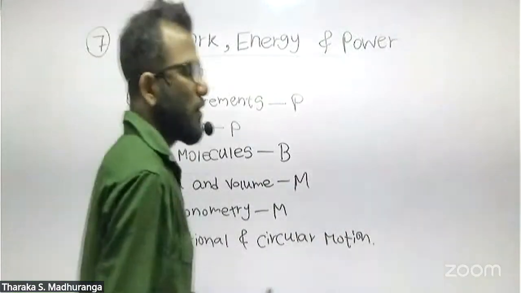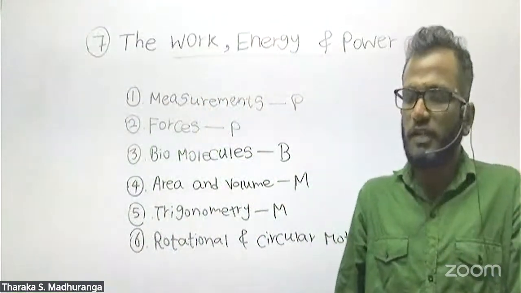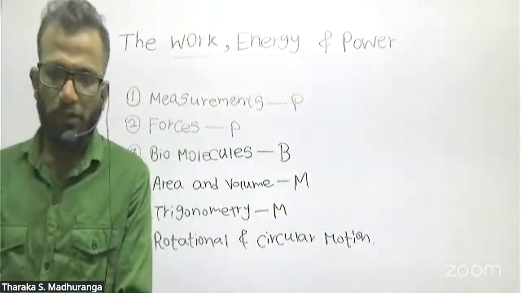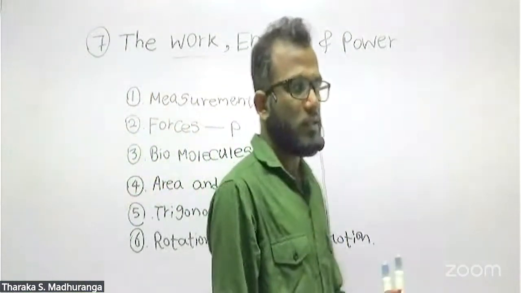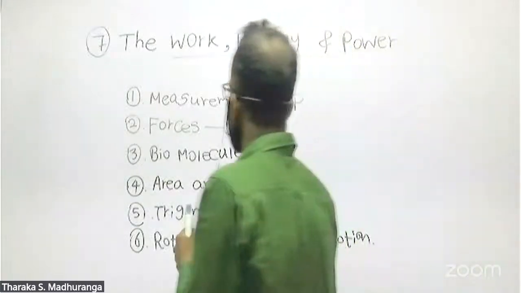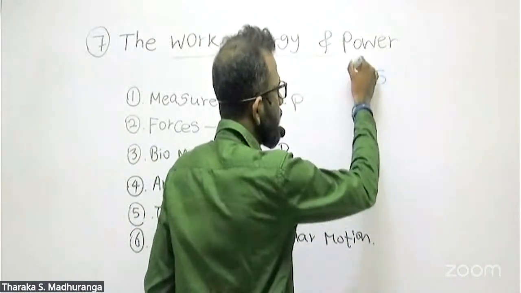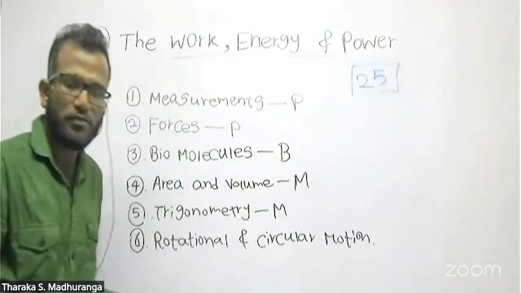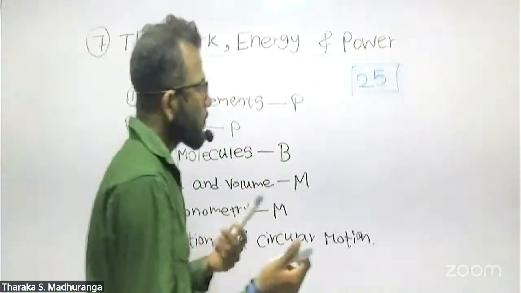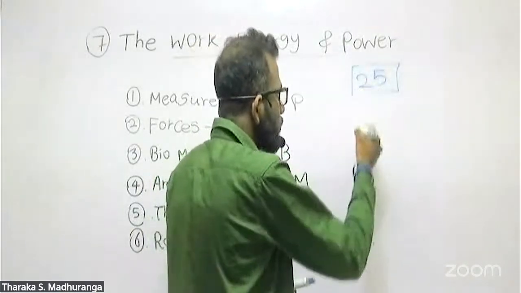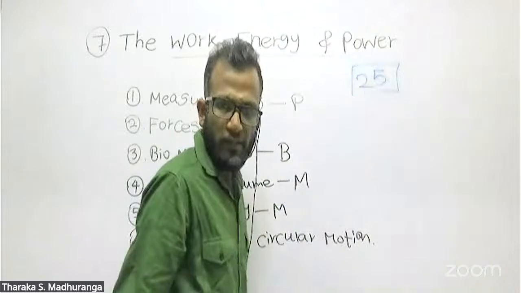Then how many more lessons do we have? Altogether we have 25 lessons. In our syllabus there are 5 main areas.